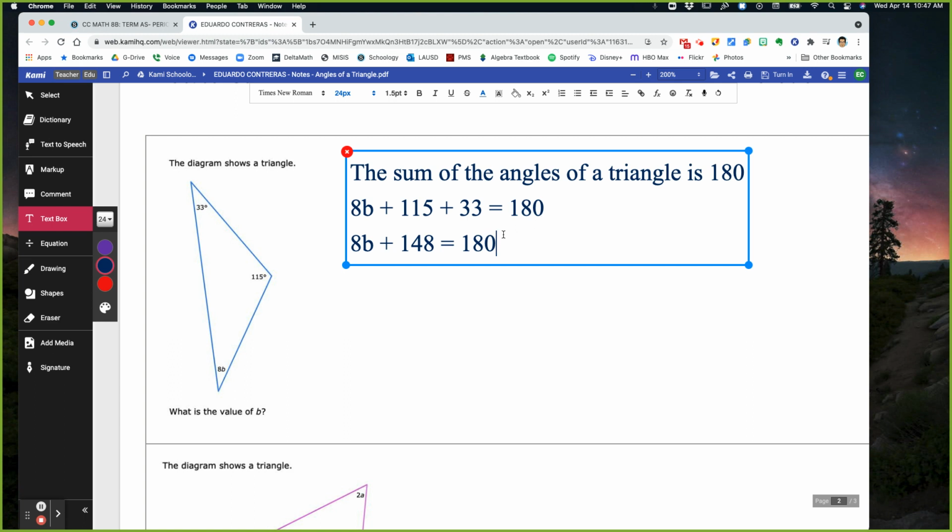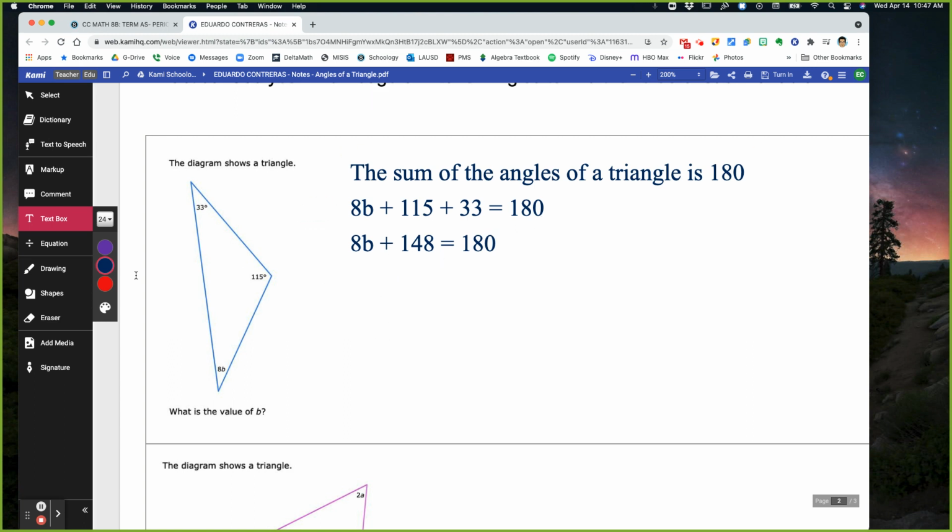So I want to subtract 148 from both sides. I'm going to grab my drawing tool, make sure it's on red, and I'm going to put minus 148 on both sides of the equal sign. Show that whatever you do to one side, you do to the other.